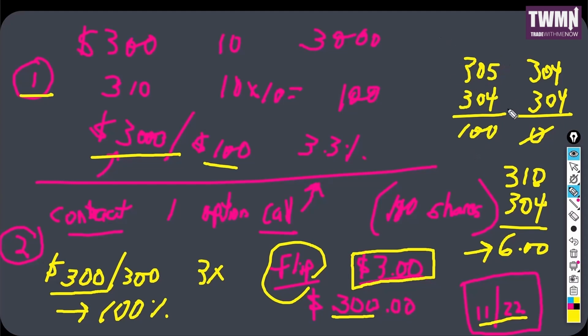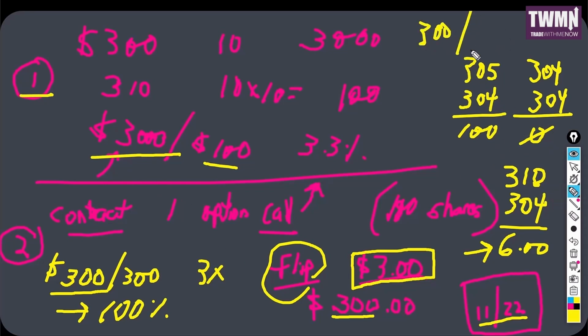But the idea here is if price doesn't go above not only your strike price, but also the price that you paid, in other words, your break even, you're either going to lose money or what we call the option expires worthless. Okay, so you bought the 304, and let's say price only went to 300. Well, it's not worth anything.